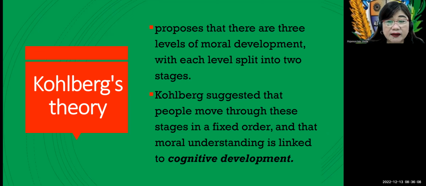So Kohlberg suggested that people move through these stages in a fixed order, and that moral understanding is linked to cognitive development. So what is this cognitive development that focuses on the theory of Kohlberg? It is a theory that focuses on the thinking when one decides whether a behavior is right or wrong.